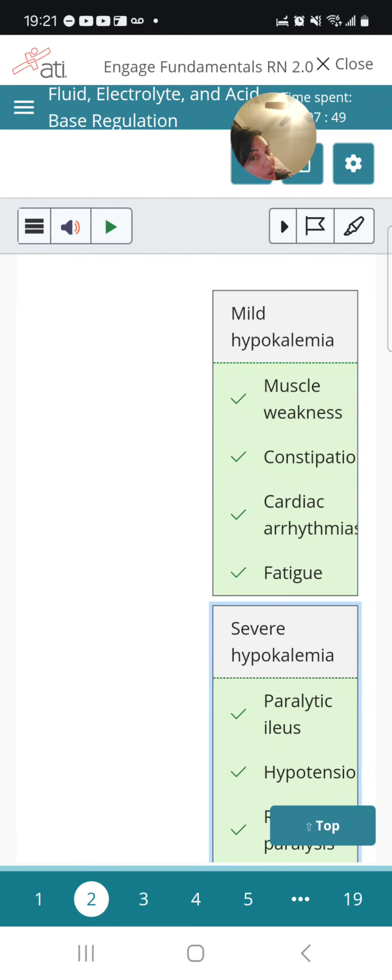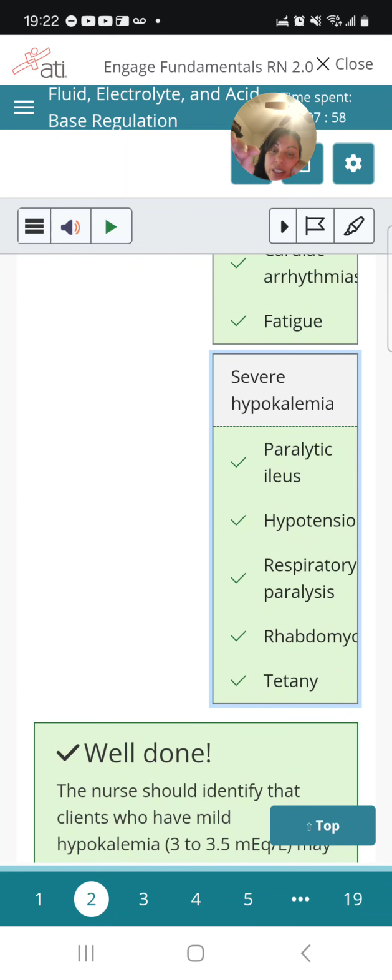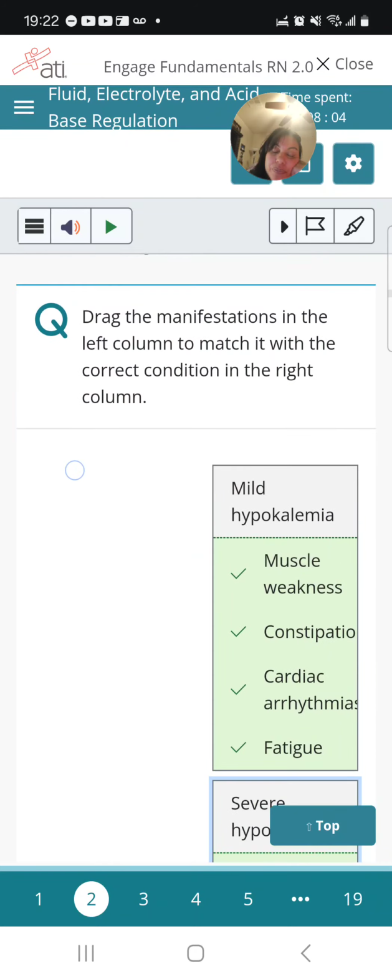Okay, so mild hypokalemia is muscle weakness, constipation, cardiac arrhythmias, and fatigue. Severe hypokalemia is paralytic ileus, hypotension, respiratory paralysis, rhabdomyolysis, and tetany.